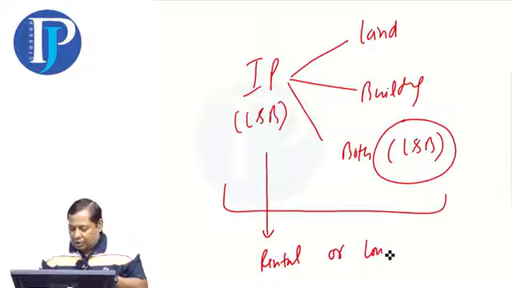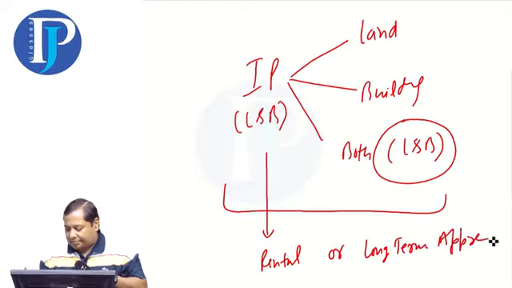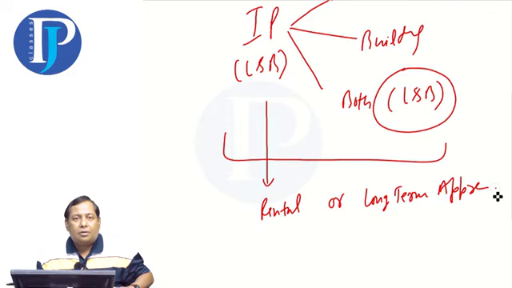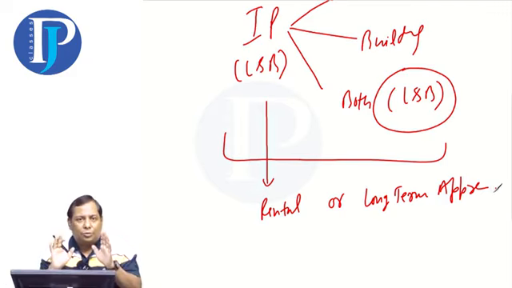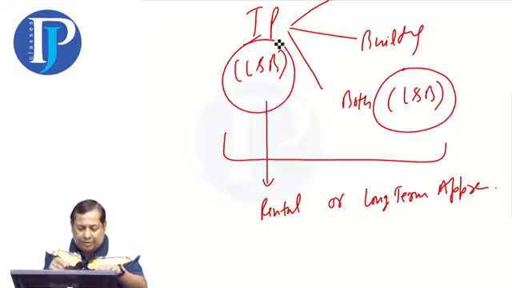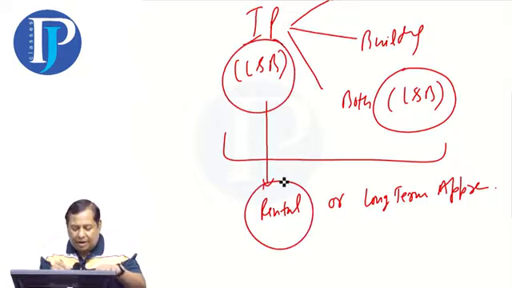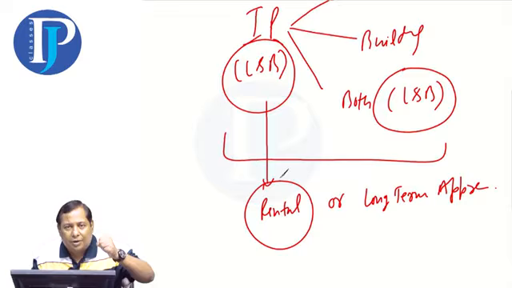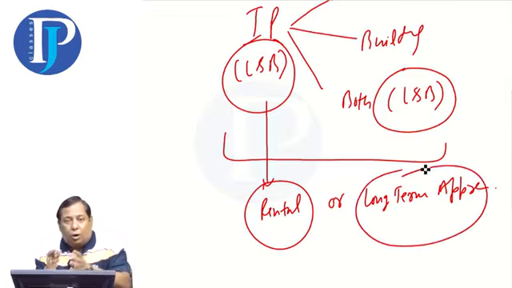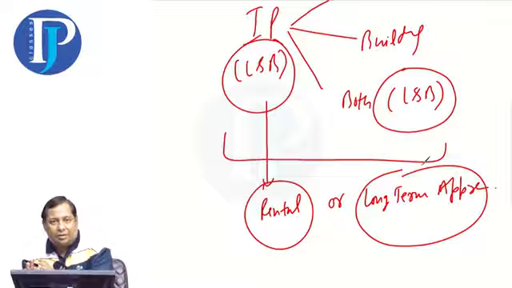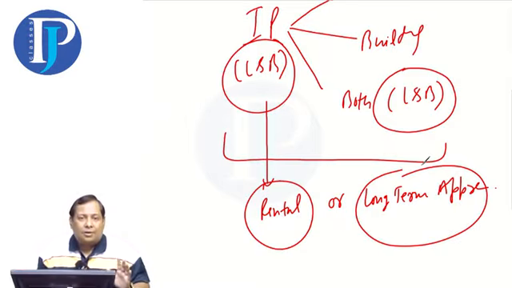Or you have kept it for long-term appreciation. Sir, if there is short-term appreciation, I will tell you. First listen. Any land and building which you have held for rental income, it is generating rental income for you, or it will earn long-term appreciation for you. So that is your investment property.